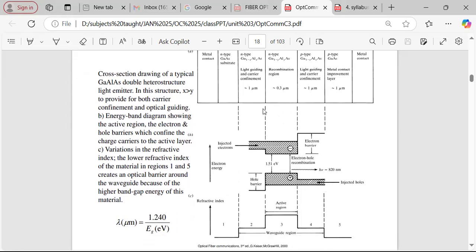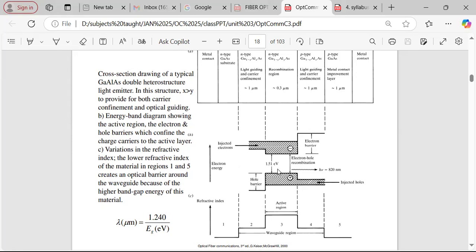Here these dotted lines show the recombination region, where electrons and holes will recombine, and the energy gap Eg is 1.51 electron volt.